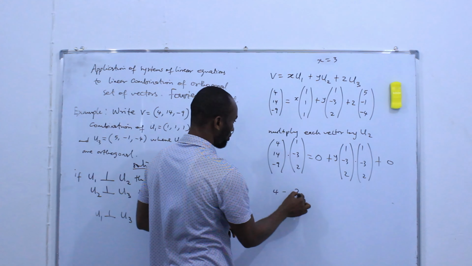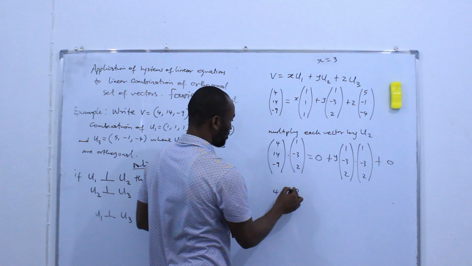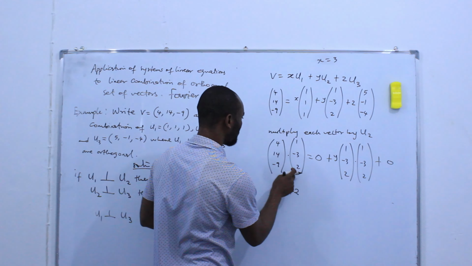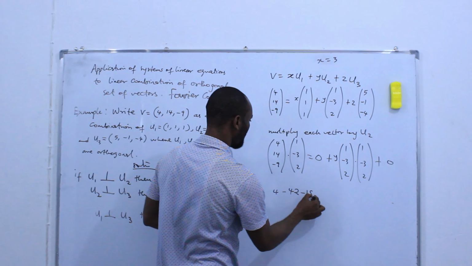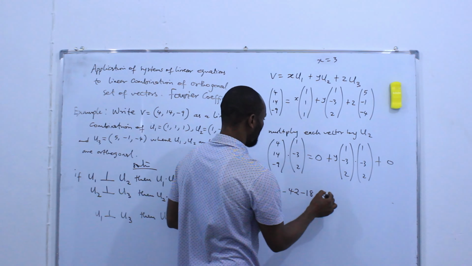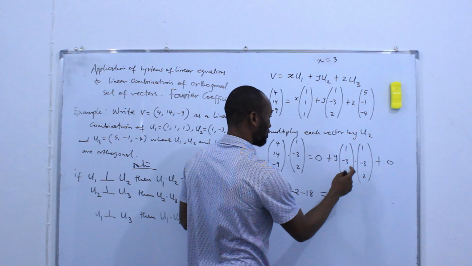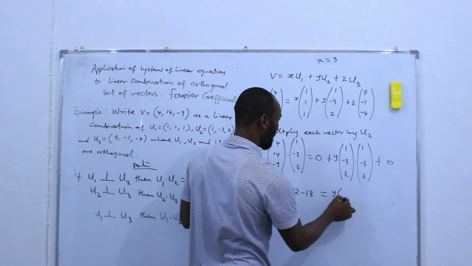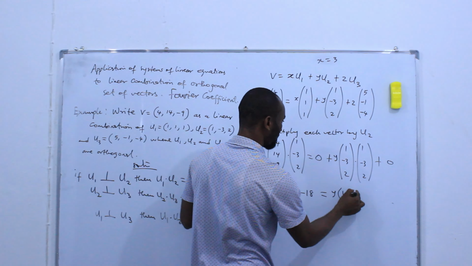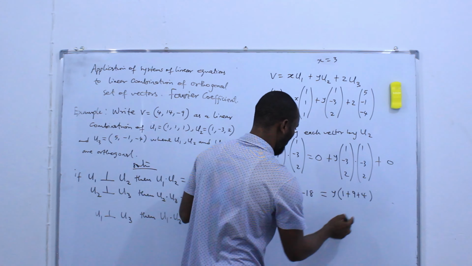So we are left with 4 minus 42 minus 18 is equal to y brackets 1 plus 9 plus 4.